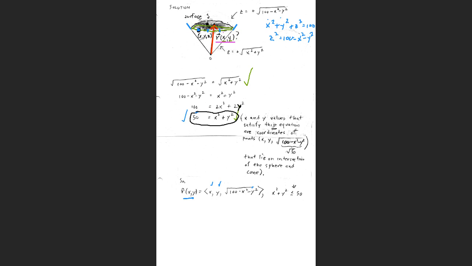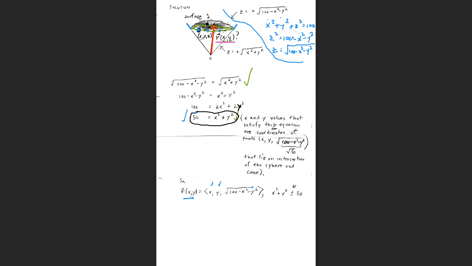And so we can represent this sphere here, our surface sphere, as z equals the square root of 100 minus x squared minus y squared. That's the z coordinate.